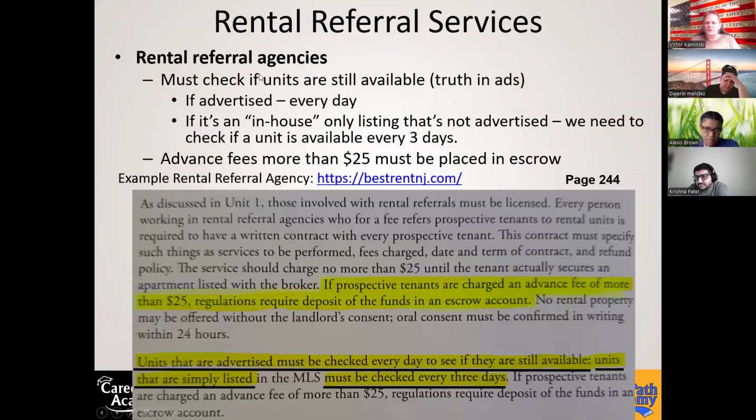All right, so rental referral agencies, we learned about this at the end of chapter 1. Rental referral agencies must check if units are still available with the owners of the building. Rental referral agencies deal with landlords of apartment buildings, apartment complexes.